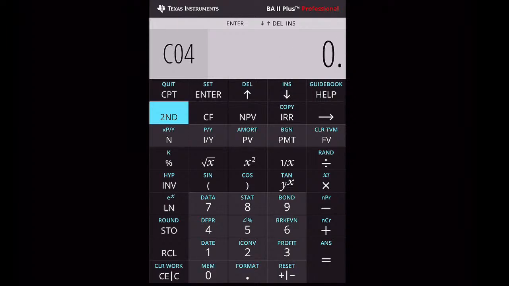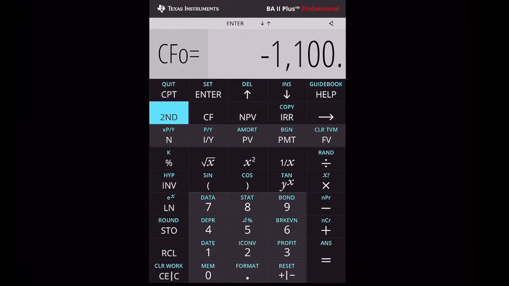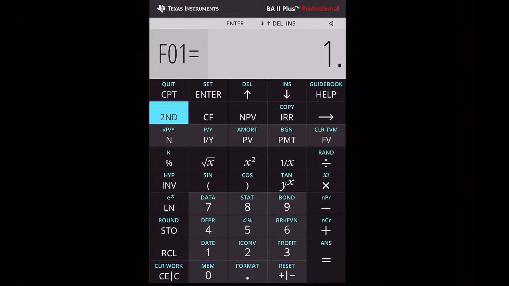Remember frequency 1, so that's already set. And then 1200. Down, down. Are we finished? We are finished. So let's scroll through and make sure we have it. Negative 1100, 500, one of those, 700, one of those, negative 500, and 1200.